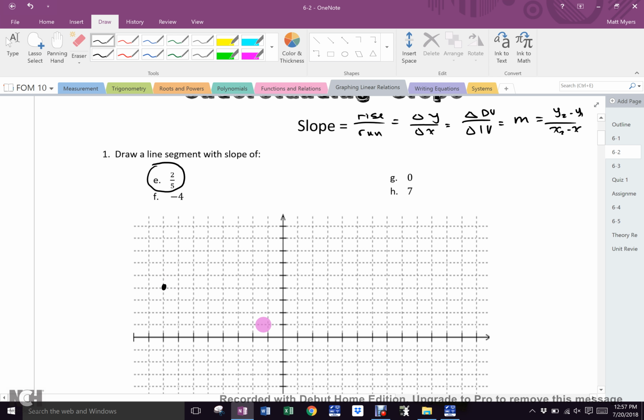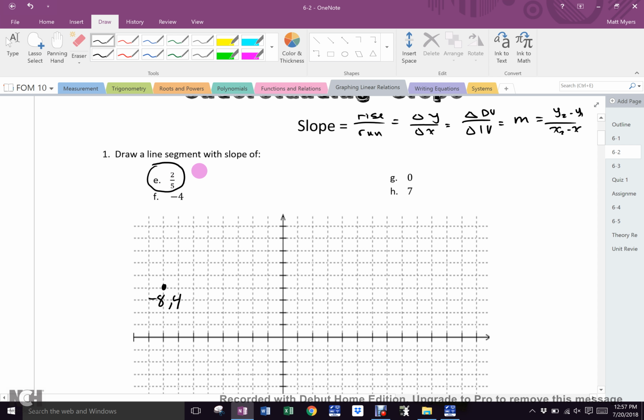My dot is -8, 4. Has everybody drawn their dot and written their coordinates? Good. Now from that dot, draw a slope of 2/5.